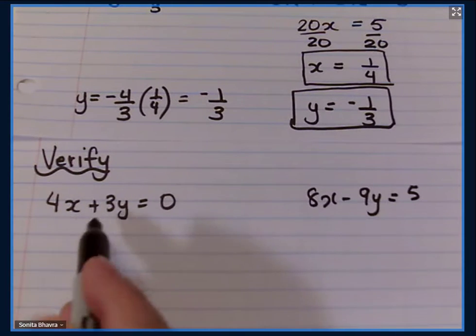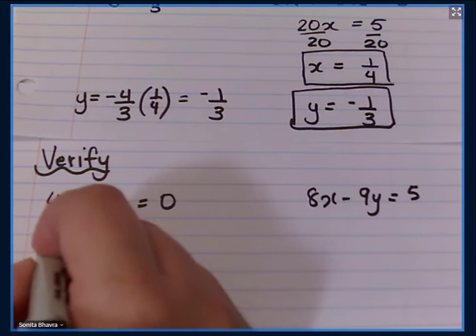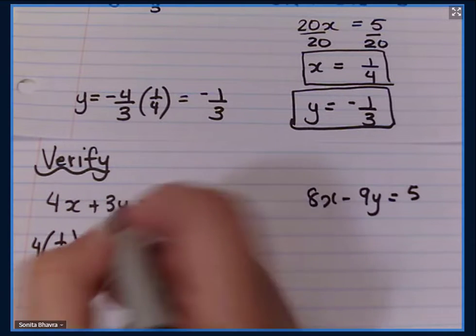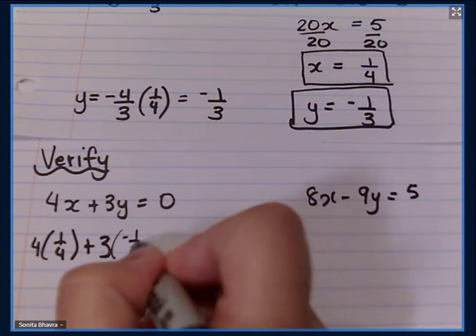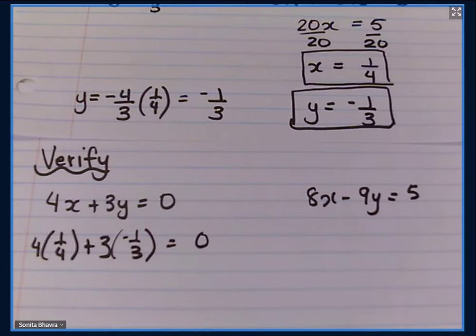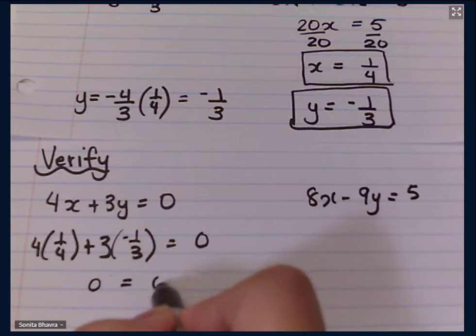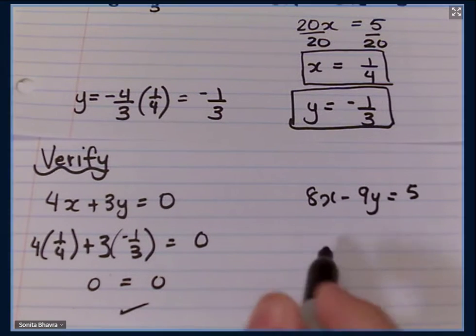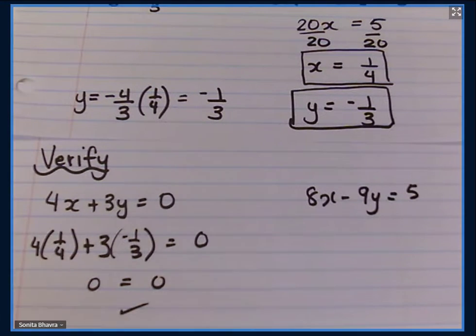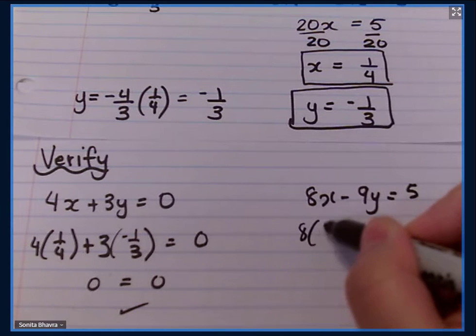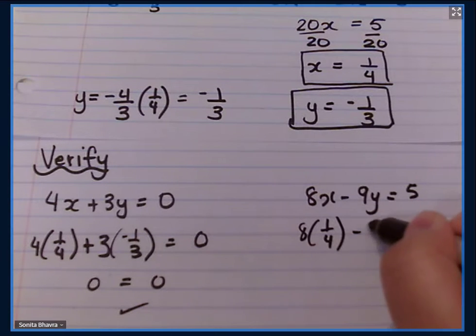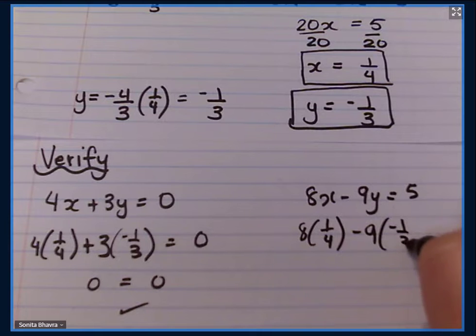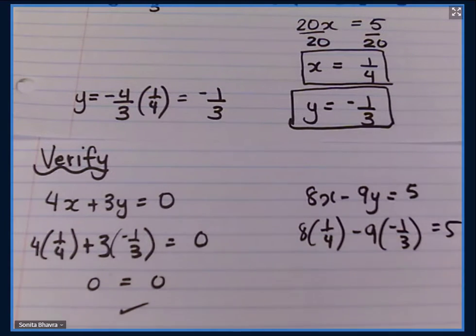For the first, 4 times 1 over 4 plus 3 times negative 1 over 3 has to equal 0. And when you put this into your calculator, we do get 0 equals 0. So that is verified. And on this side, we would put in 8 times 1 over 4 minus 9 times negative 1 over 3, and that has to equal 5.